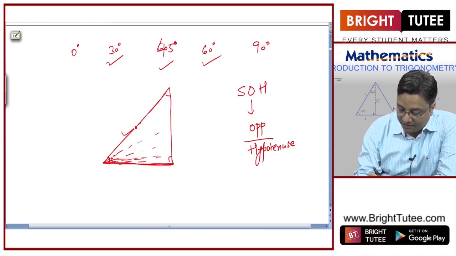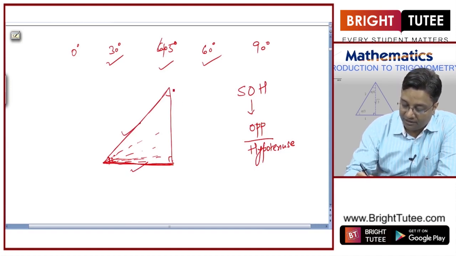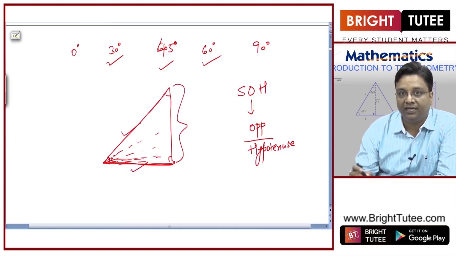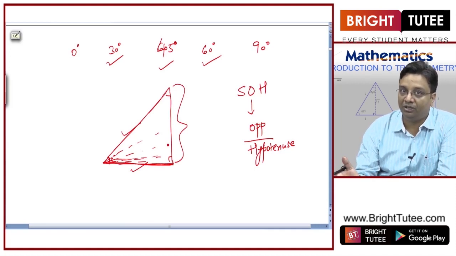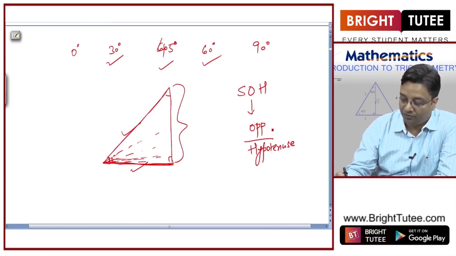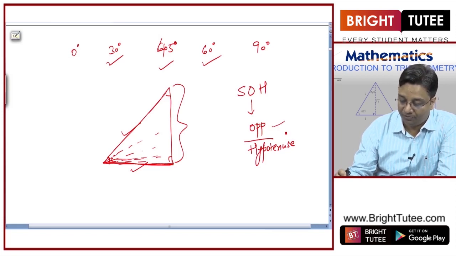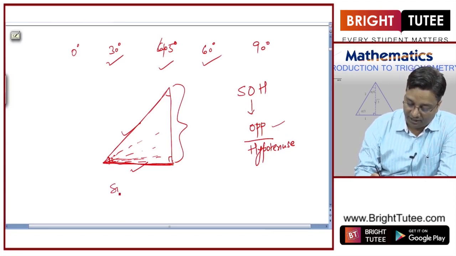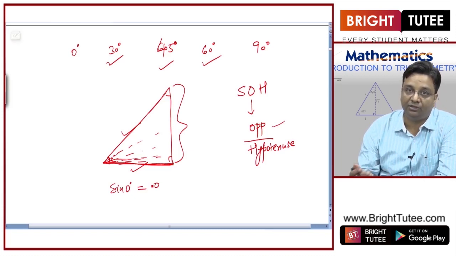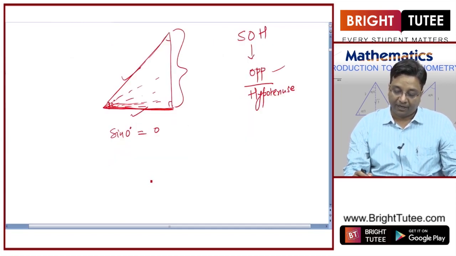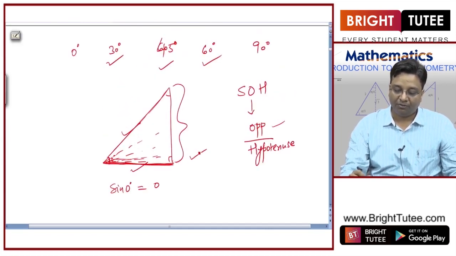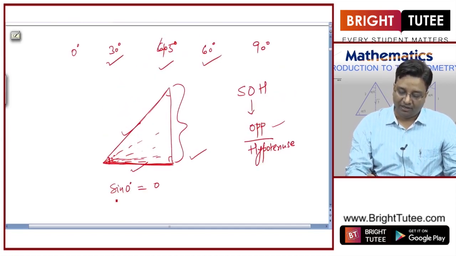And when this line overlaps this one, this line will vanish, it will not be there. Hence the opposite side will become 0. So when the opposite side becomes 0, sine of 0 will become 0, right. 0 upon anything is 0. Okay, so this is how we obtain the value for 0 degrees.